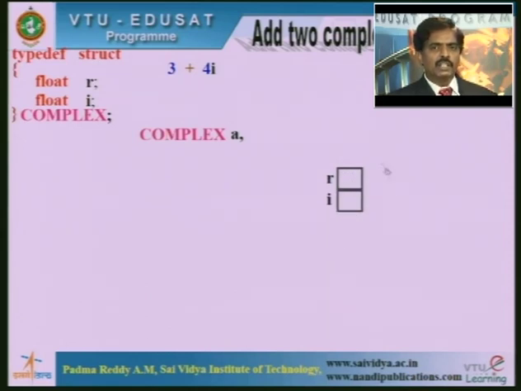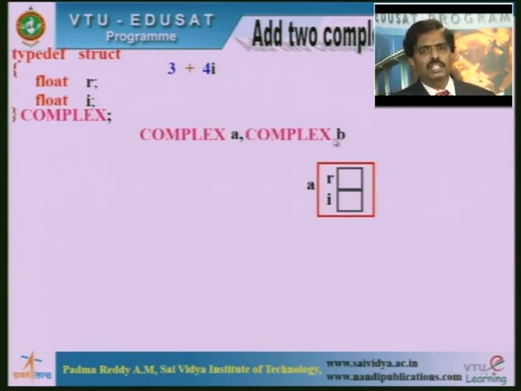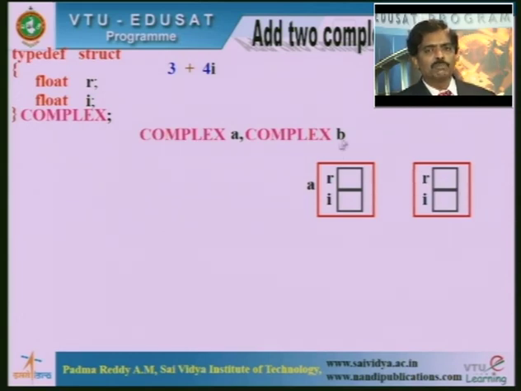Now the entire real part and the imaginary part can be accessed using the common name A. So I write A here. Next, I write complex B, another complex number. So what will happen? Memory will be allocated for the real part, memory will be allocated for the imaginary part. These two locations have a common name. What is the common name we have here?